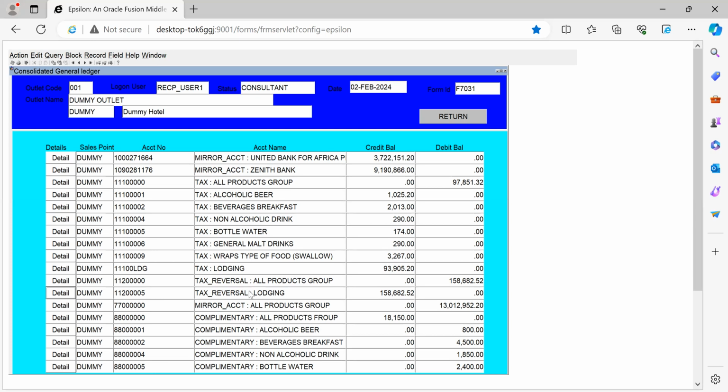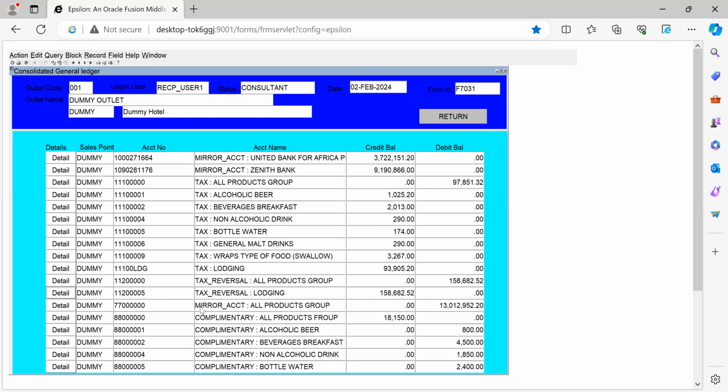For whatever reason, the person checks out before the 3 nights and needs to be refunded. At the point of payment, the system has taken the tax because tax is taken upfront. So if we are reversing and refunding the customer for 1 night or 2 nights, we need to reverse the tax as well. So all the taxes that have been reversed so far, the total amount is this amount, and it is accounted for only by reversal on lodging.